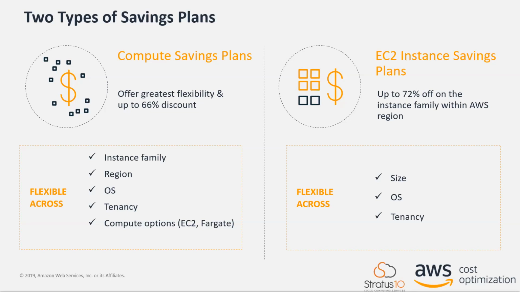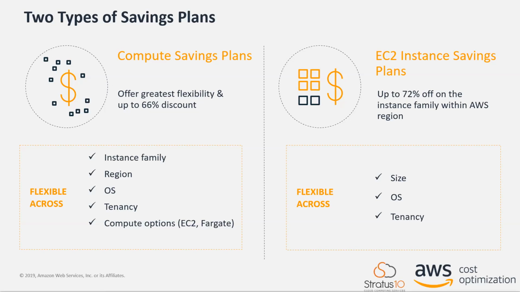So these plans automatically apply to EC2 instances, regardless of the instance family, size, AZ, region, OS, or tenancy, and also include Fargate. And more recently, I believe they started adding some other compute options within here.